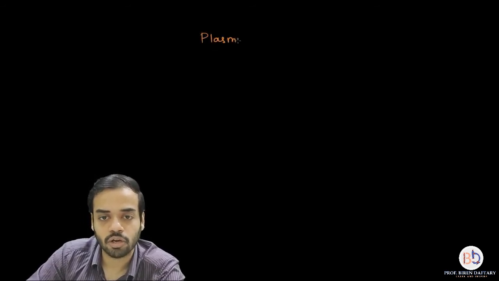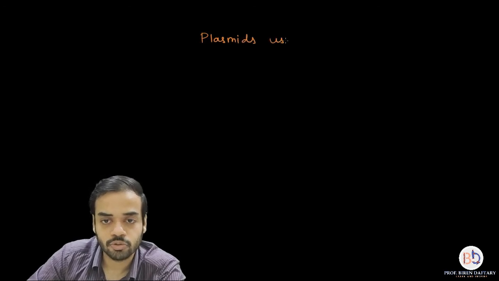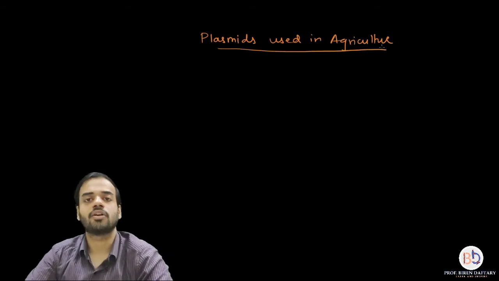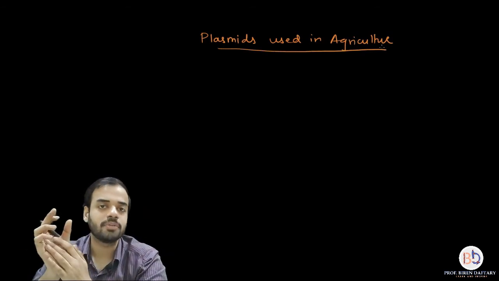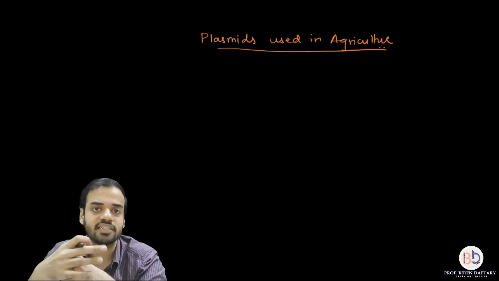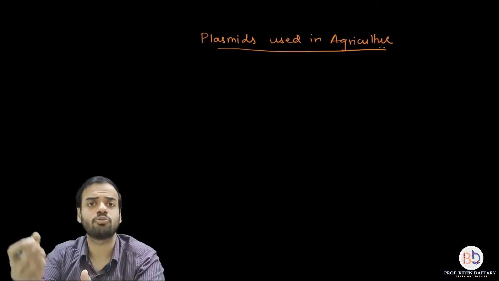We are again going to talk about plasmids used in agriculture. Normally in agriculture we use a plasmid called the Ti plasmid. We normally don't use a genetically engineered plasmid here like pBR322.